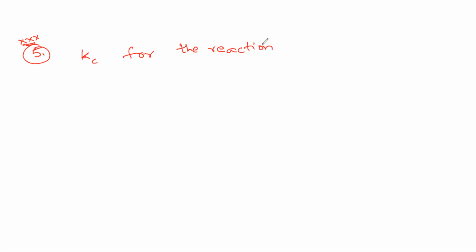Kc for the reaction at 184 degrees C. They have given the temperature also. The reaction is 2NO2 gives rise to 2NO plus O2.